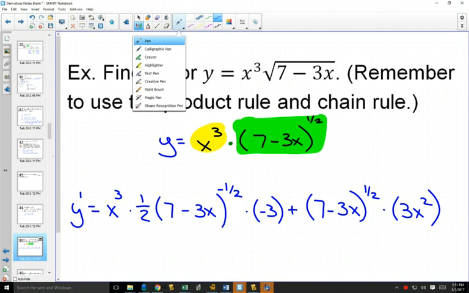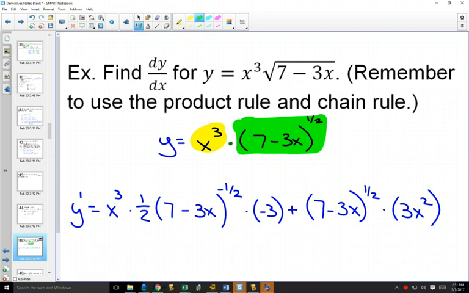So highlighting again, the highlighting is there so that you can see your product rule. Product rule has one the same, derivative of the second, plus the second the same, derivative of the first.